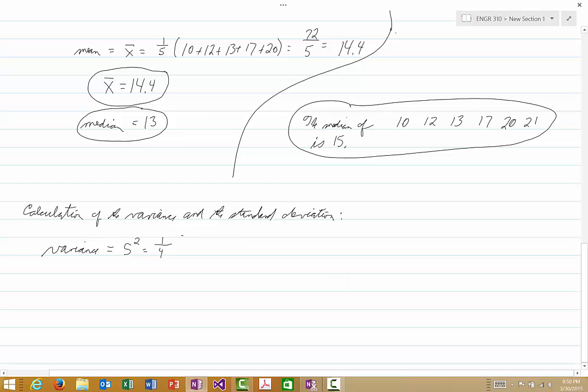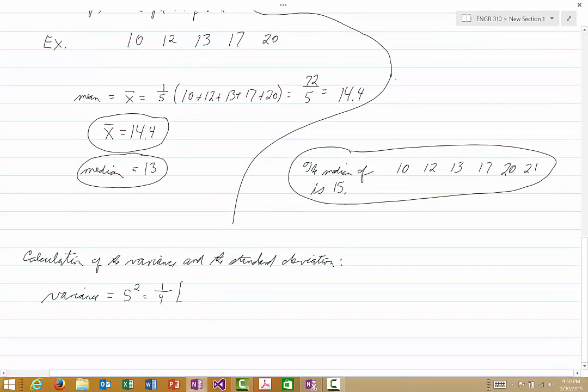And then we add up the squares. Well, let me just show you.